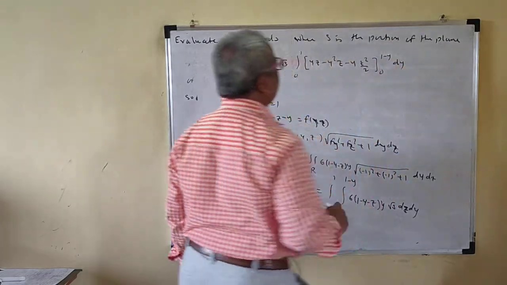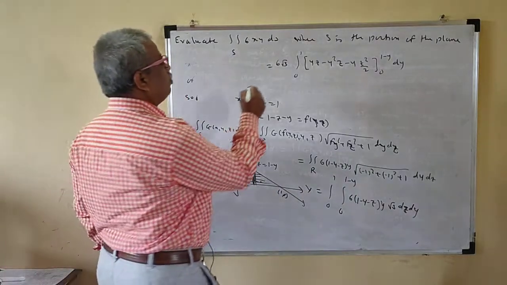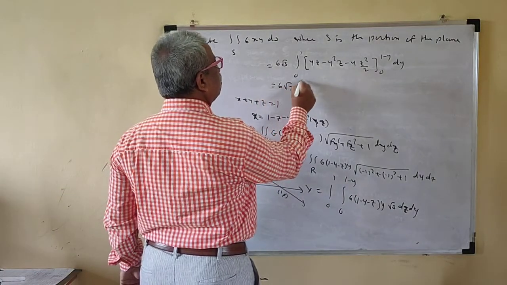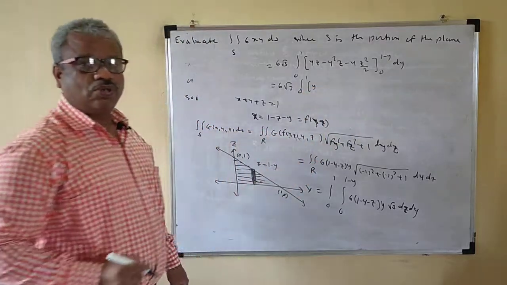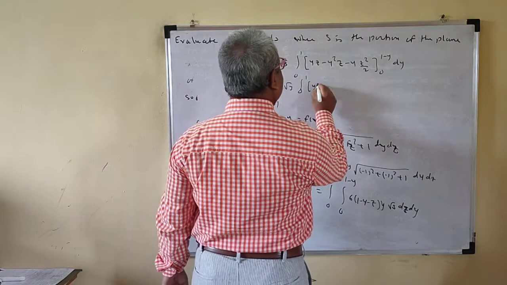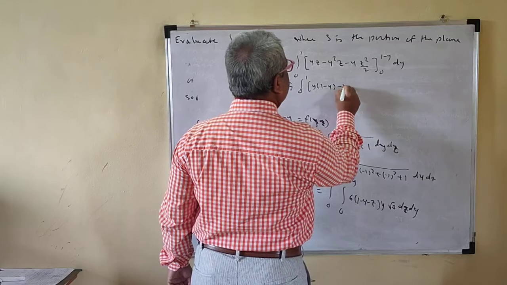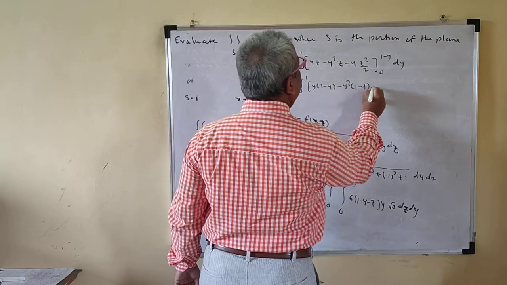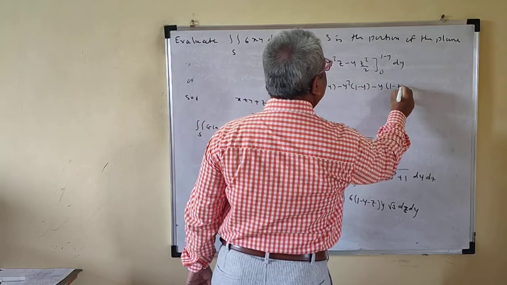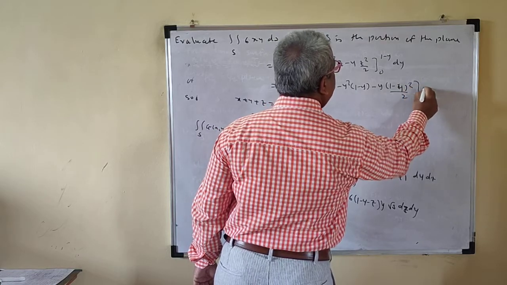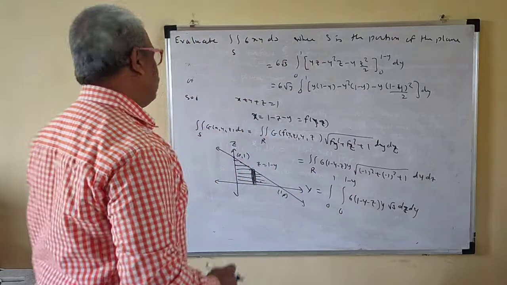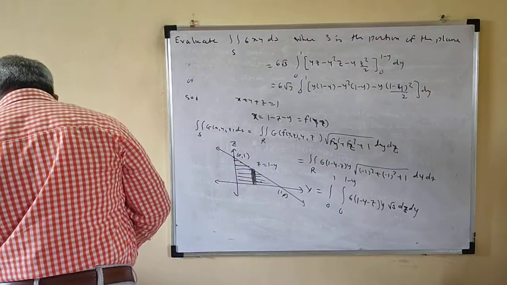If you put z equal to 0, then everything is 0. So this is y times (1 - y) squared over 2 dy. Okay, so you have to simplify this.